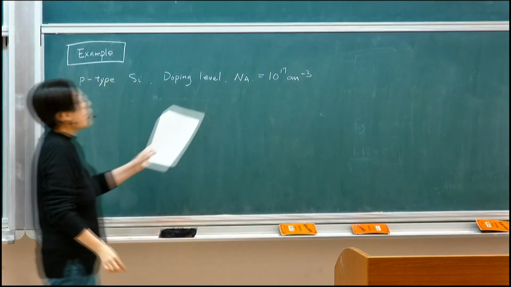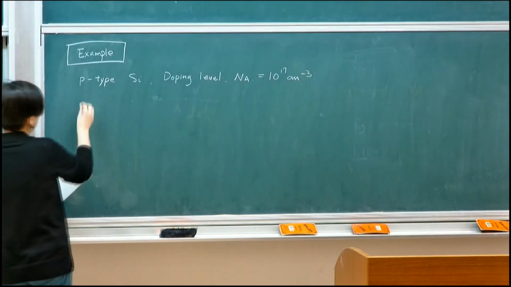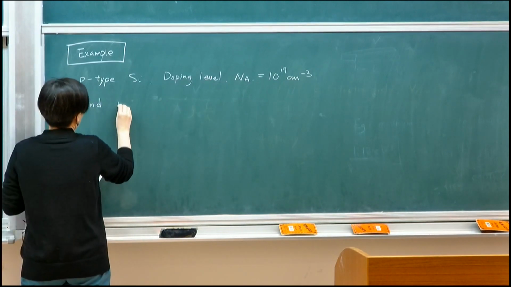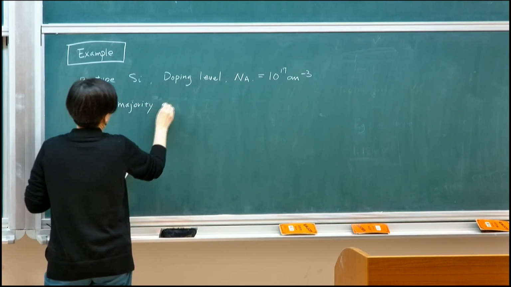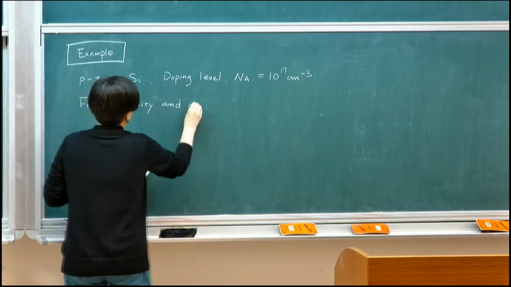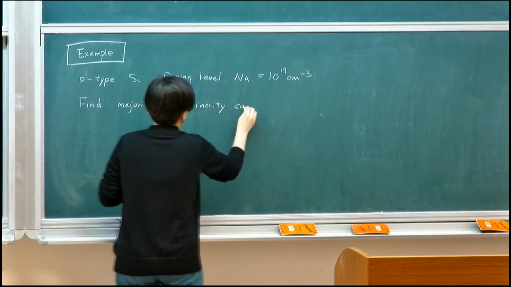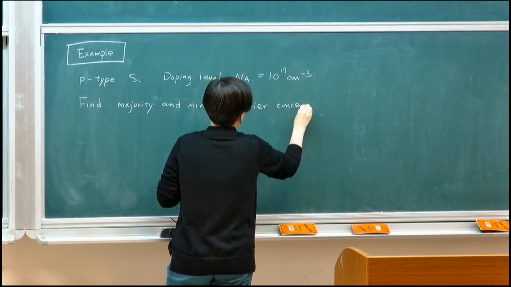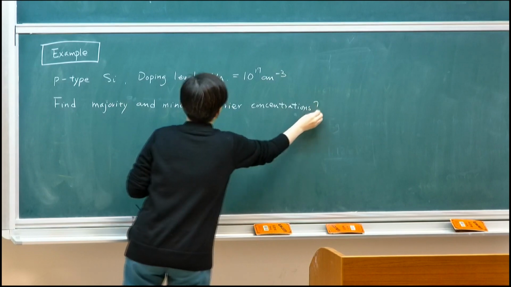So this is the doping concentration you can introduce into the system. We already know I asked you to find the majority and minority carrier concentration. So there are two concentrations.